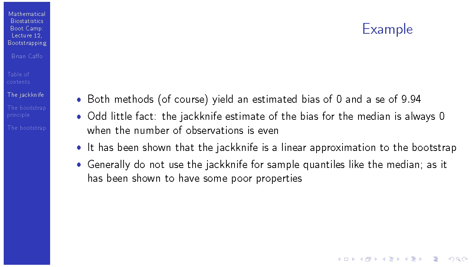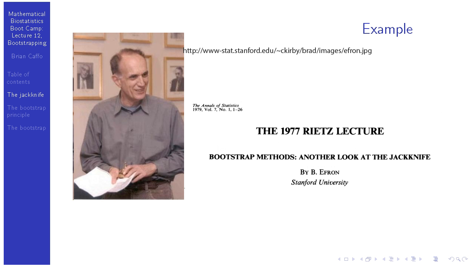In general, if the estimate that you're getting is a nice smooth function of the data, then the jackknife will work fine. But if not, then it tends to work pretty poorly. There was a very well-known paper by Efron, the inventor of the Bootstrap, that illustrated this quite starkly.